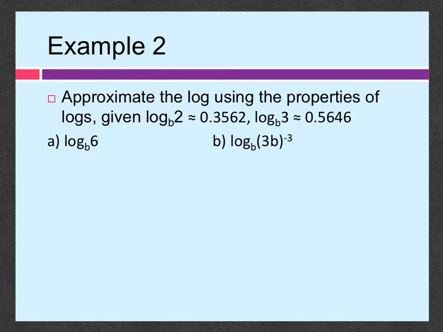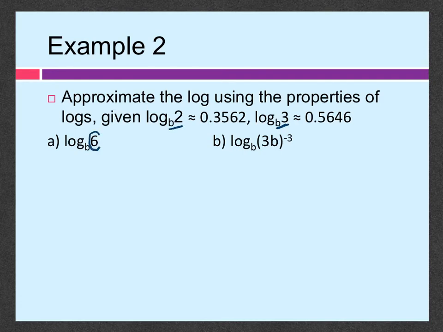All right, this one says approximate the log using properties of logs, given that log base b of 2 equals 0.3562 and log base b of 3 is 0.5646. So I need to figure out how to rewrite these in terms of a product, a power, or a quotient, right? Using log base b of 2 and log base b of 3.